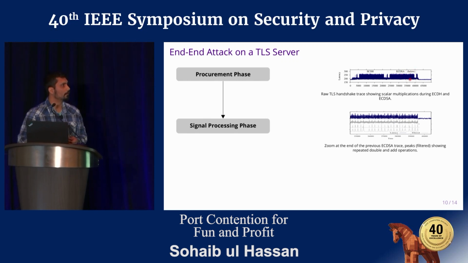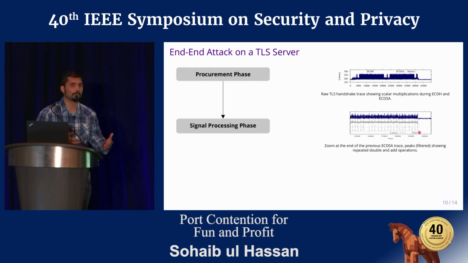Because we are interested in the ECDSA, we trimmed that out, and in the signal processing phase, we tried to recover the double and add operations. Here you can see after different steps of filtering, we are able to clearly identify peaks as the add operations. So for example, here this ends at an add, which means we are able to learn at least 1 bit of leakage here.